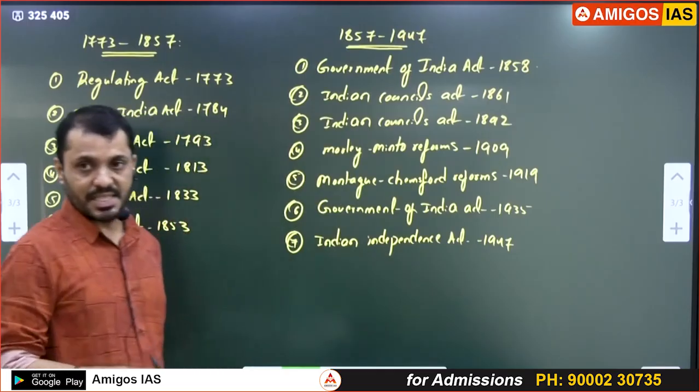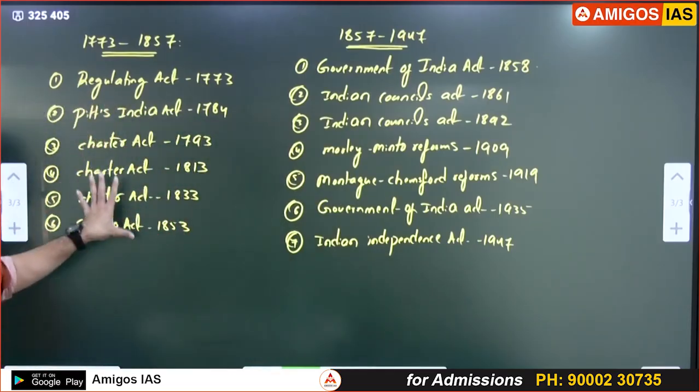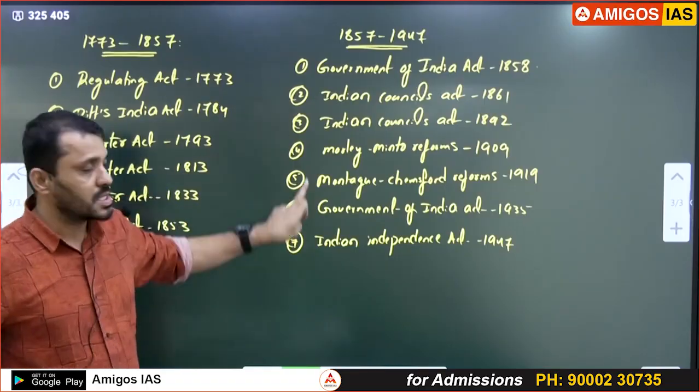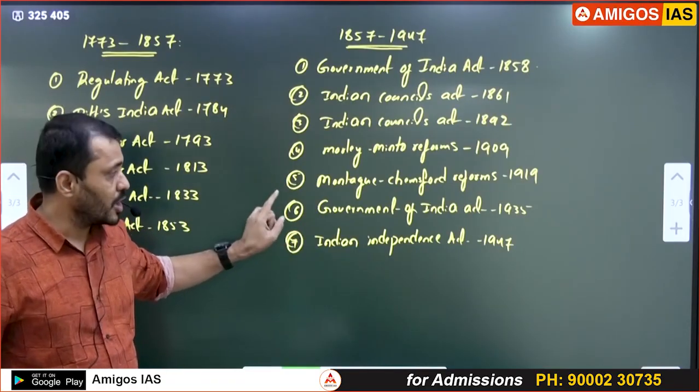So these are the various legislations, guys. These were the laws by which British Parliament controlled East India Company and East India Company controlled India. These are the ones directly made by the British Parliament to control India.